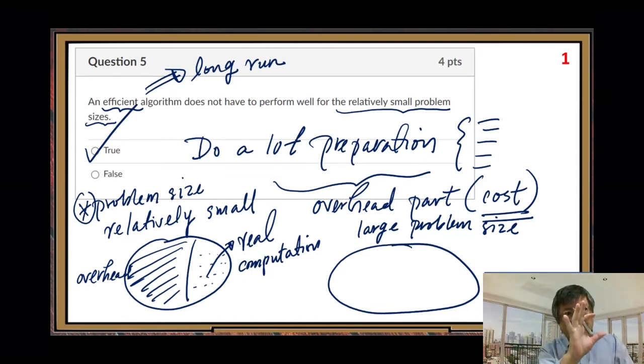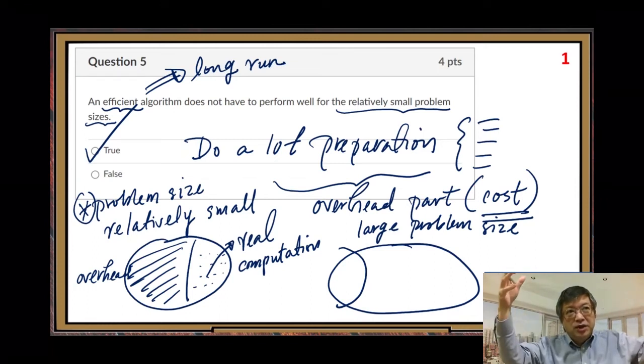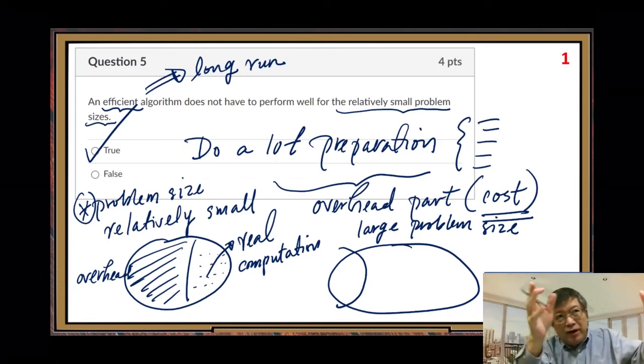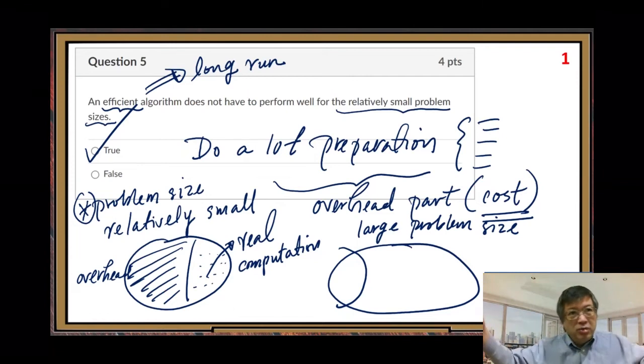the overhead part, the preparation part, is pretty much relatively stable. When you work on a large problem size, your setup part, your resource arrangement part, is pretty much close to when you work on a relatively small problem size.